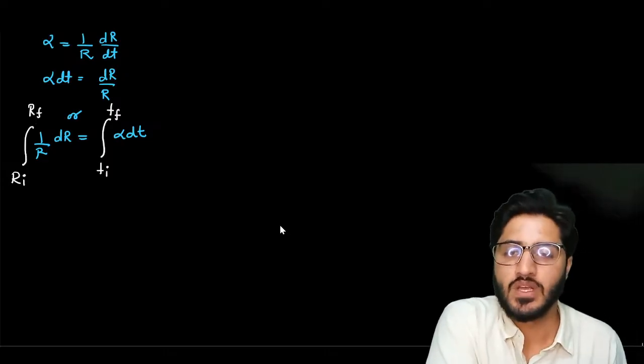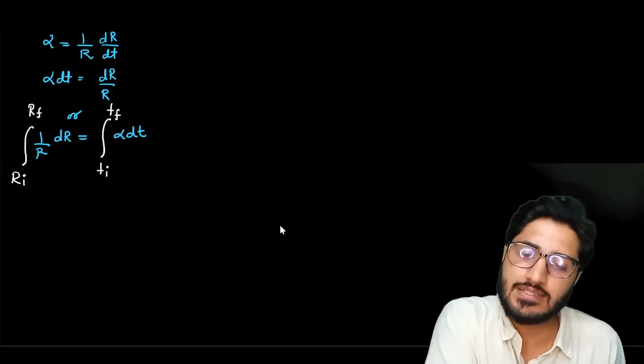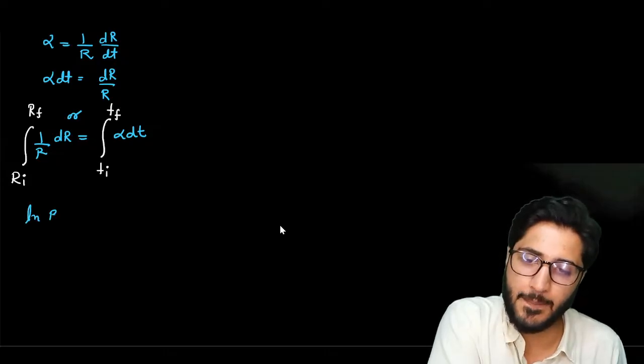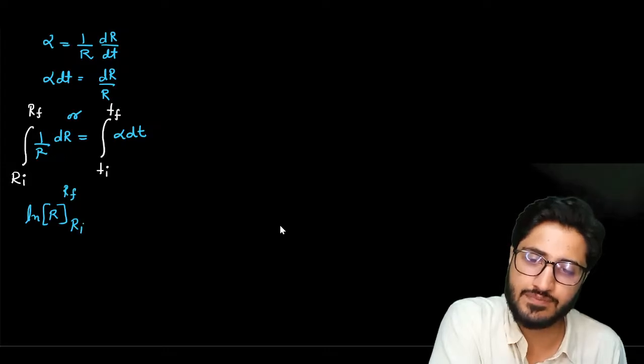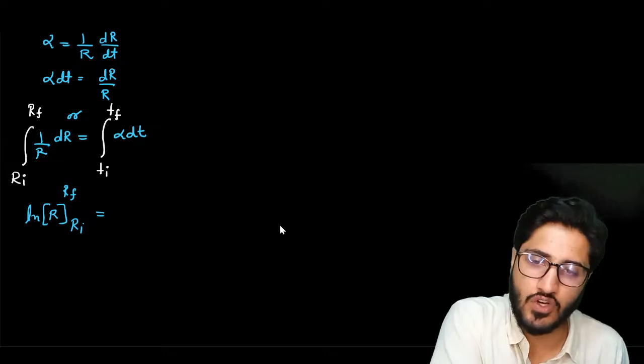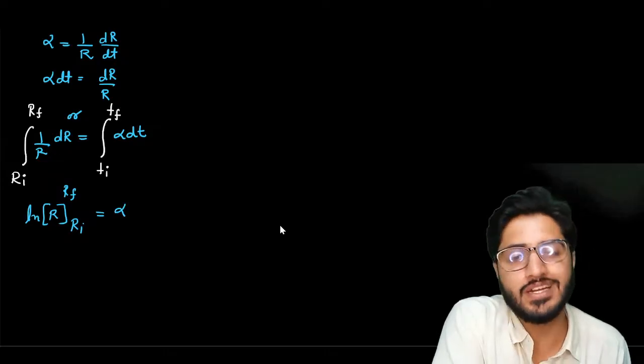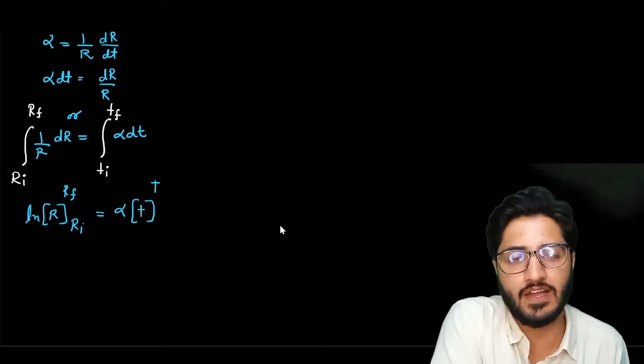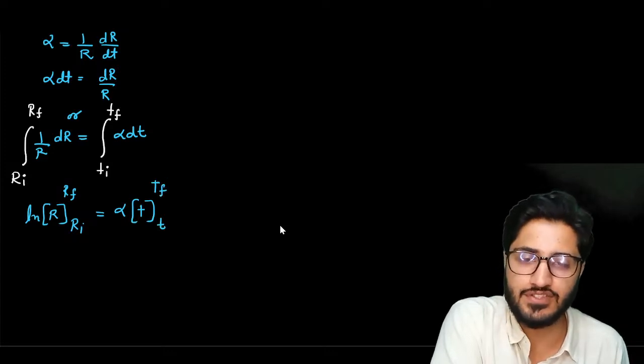So in this equation, what is the integration of 1 by R? It is ln of R, with upper limit R final and lower limit R initial. Alpha is constant, so I will take it outside. The integration of dT would be only T, with upper limit T final and lower limit T initial.